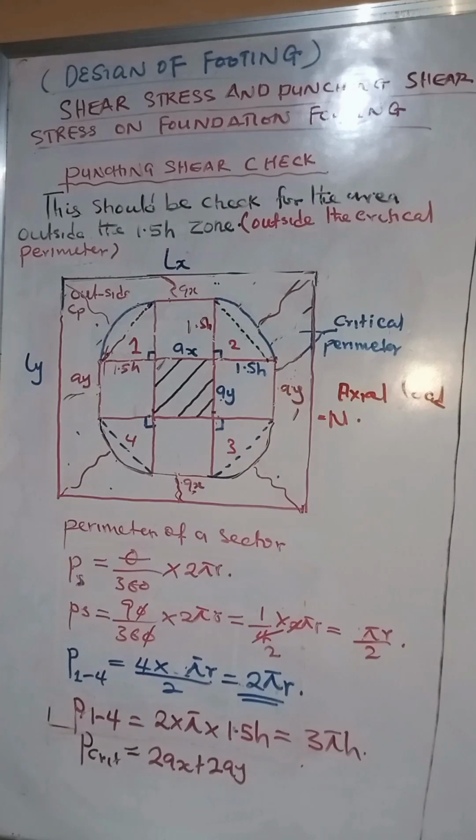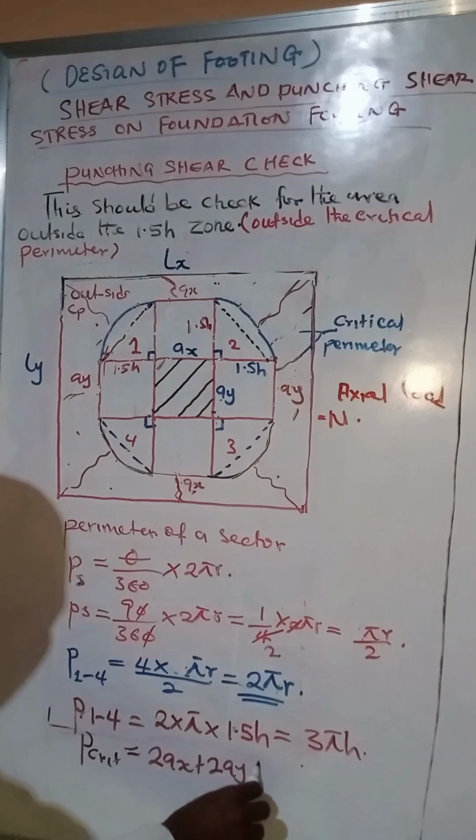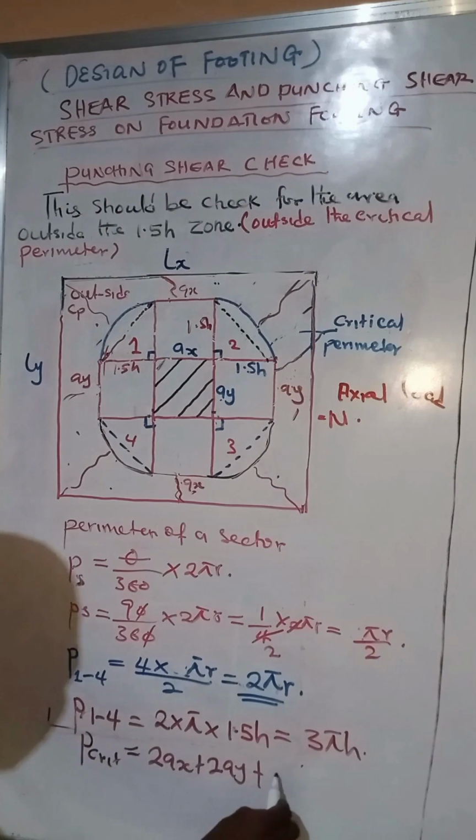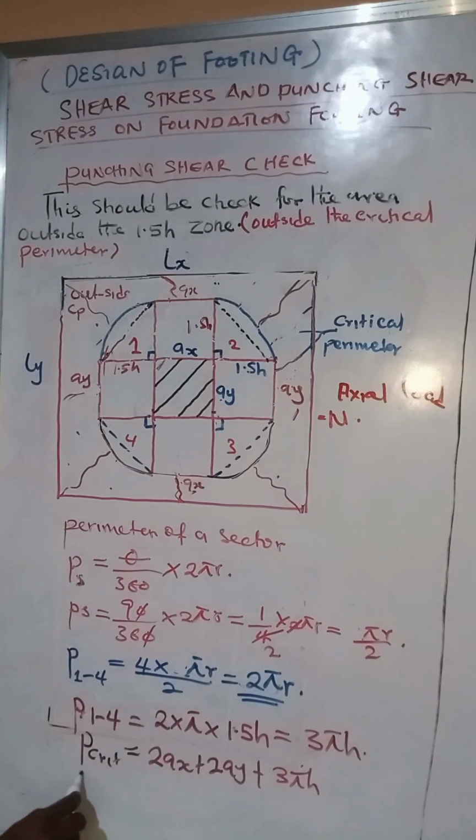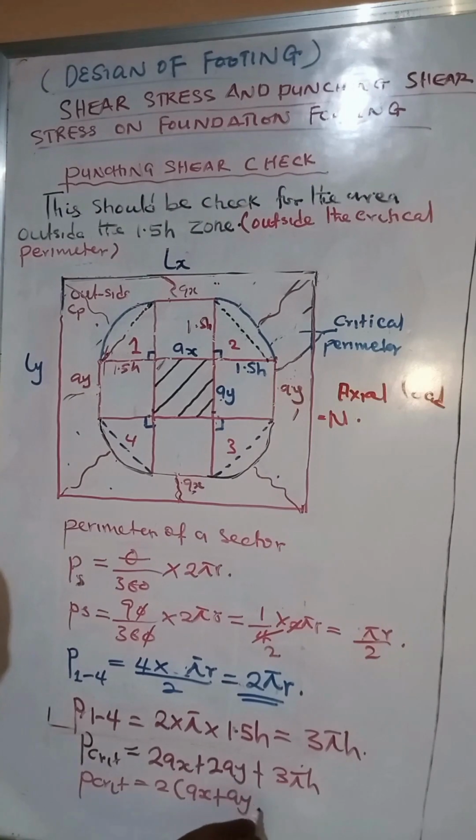So that gives us that for the square shape, plus we have 3 pi h. So the total critical perimeter, P critical, becomes 2 brackets AX plus AY, close brackets, plus 3 pi h. All right, so this gives us the total perimeter of this shape. So we have gotten the critical perimeter for it.